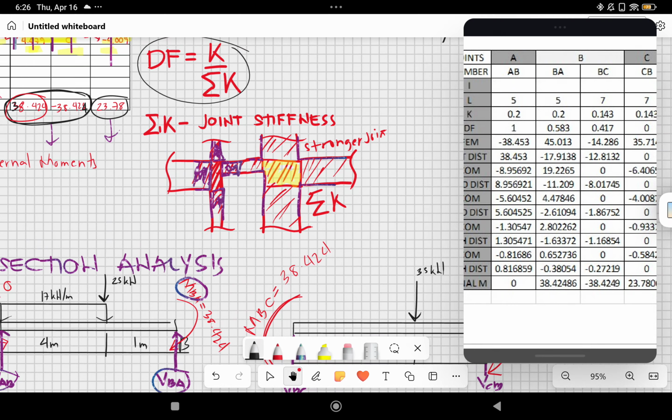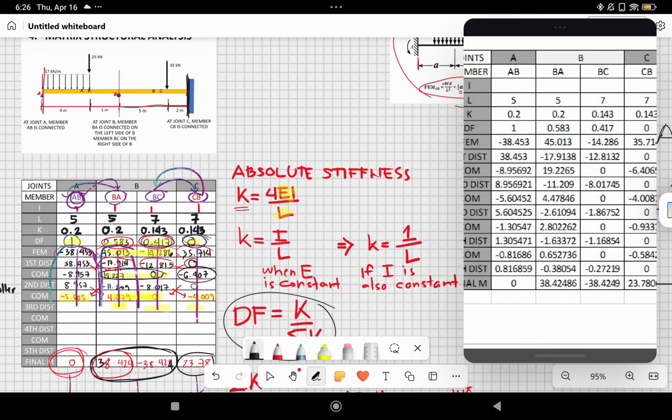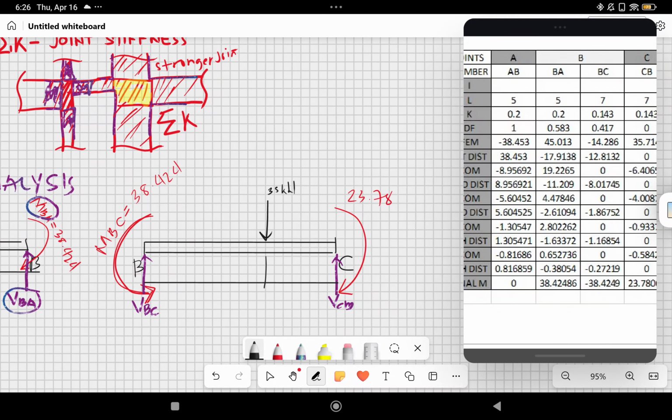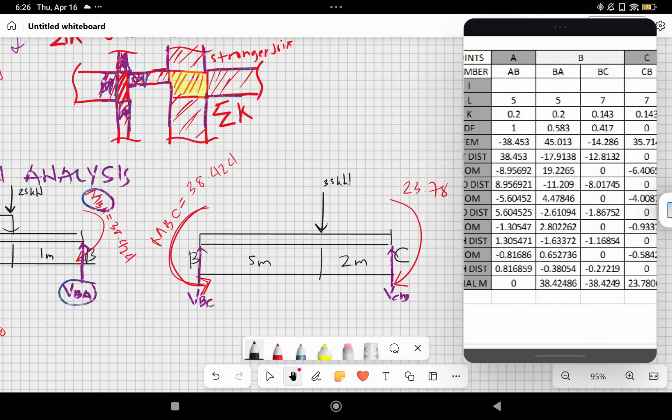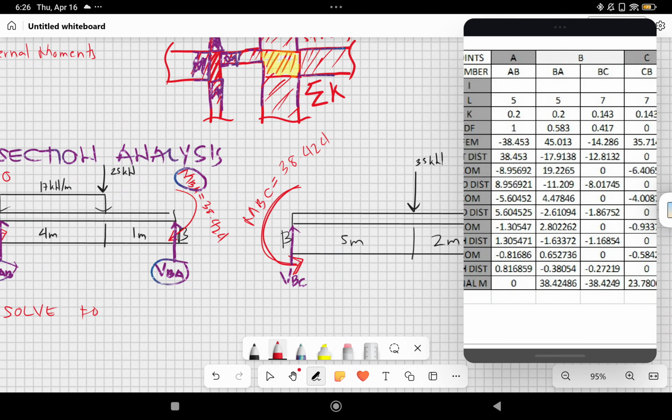I think 5 and 2. 5 meters and 2 meters. So, how do we solve for the shear forces?